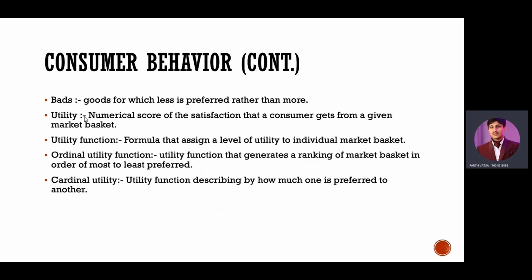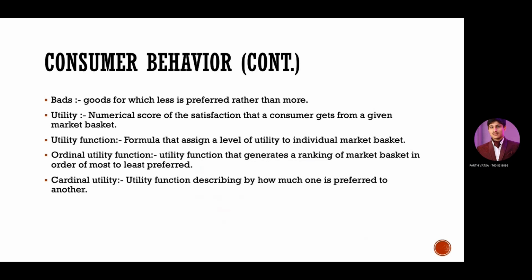Now utility. Utility is nothing but the numerical score for the satisfaction that a consumer gets from a given market basket. Now talking about the utility function, it is a formula that assigns a level of utility to each market basket.